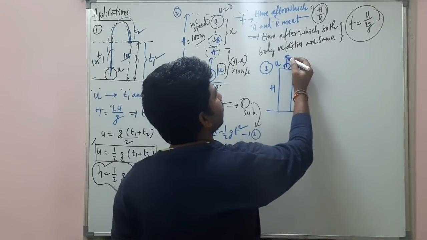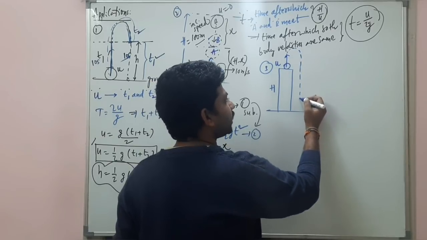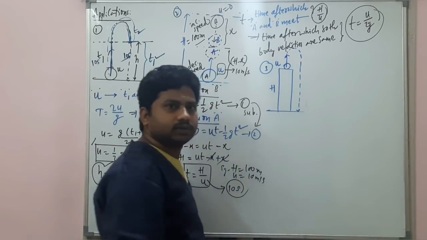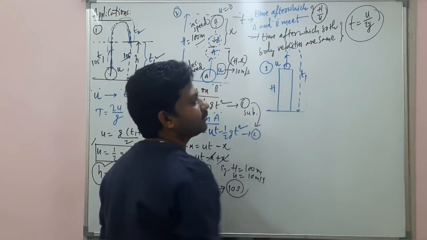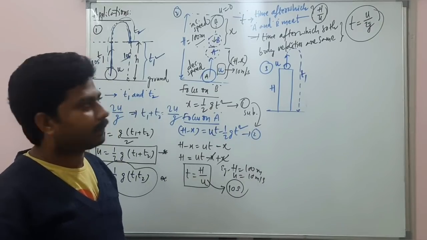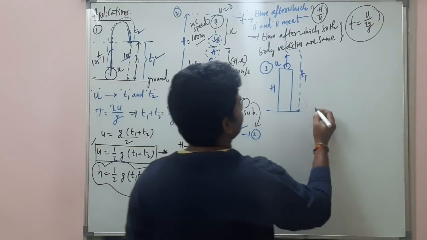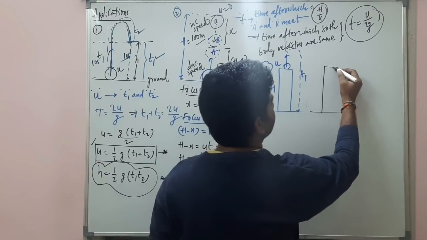So what happened? It reached the maximum height and comes back to the ground. Imagine the total time taken from here to here is t1. Now there is another body here from the same tower.